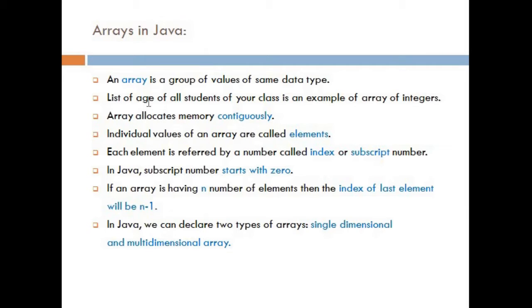So when we talk of age, it's usually numeric in nature, such that the age can be 13 for a student, 16 for a student, 8 for another student, and so on. As a result, an array variable that can hold the list of age of all the students in a class has to be of the data type integer. And integer data type is denoted by the keyword int.